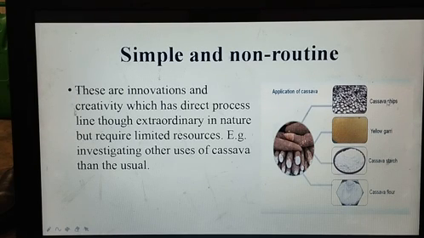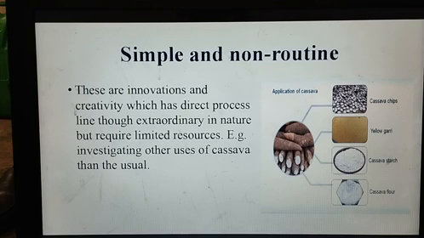The cassava chips and the yellow gari are used more in Nigeria. So a learner analyzing all such uses of cassava and coming up with a project that solves a non-routine problem has taken an extraordinary step.